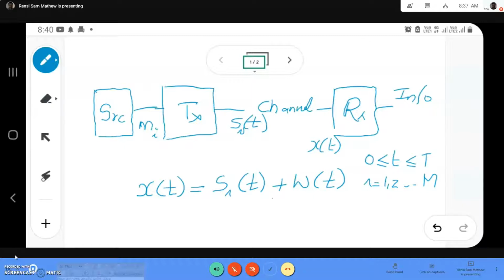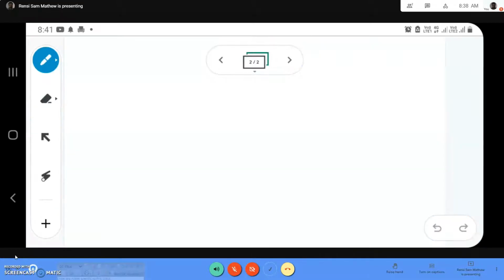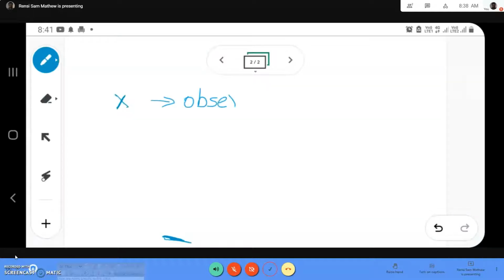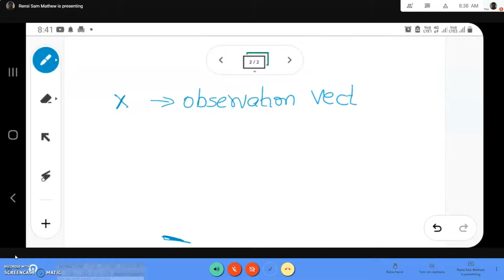Depending upon the different message symbols, there will be different signals Si of t, and whatever we receive is called the observation vector x.